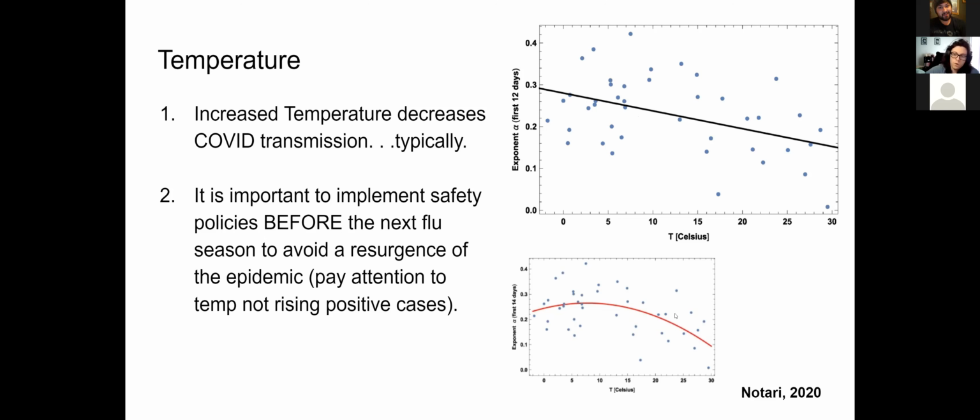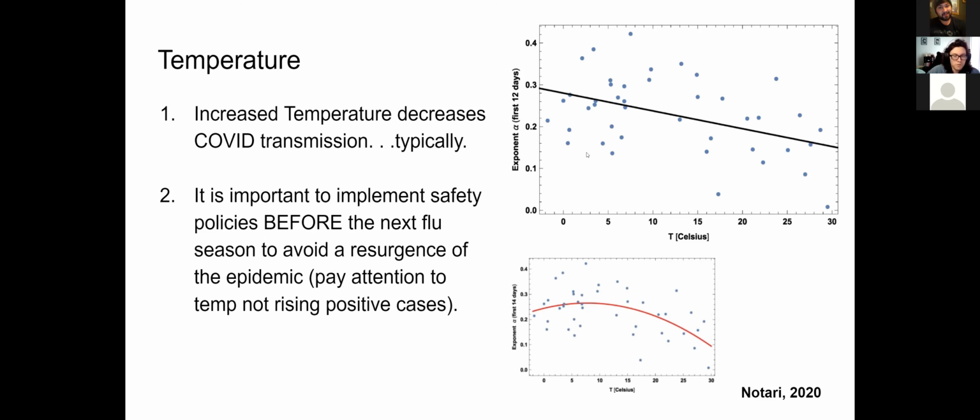Now, they analyzed the exact same data. You can see the dots are all in the same place, but in a slightly different way, and they got this quadratic line of best fit. And it actually shows that peak infectivity is somewhere in the 7 to 9 degrees Celsius range, and once it gets past a certain point, it doesn't spread as well.